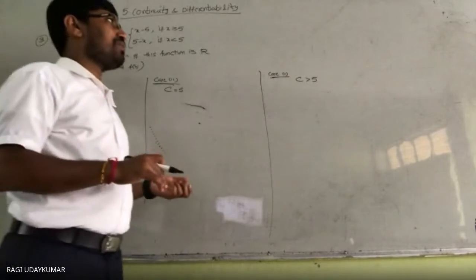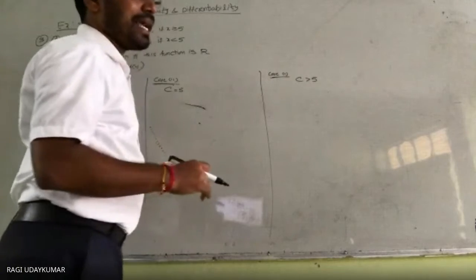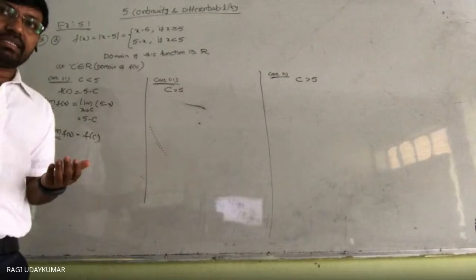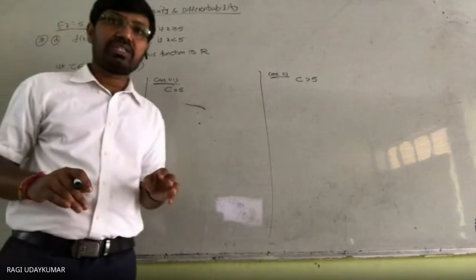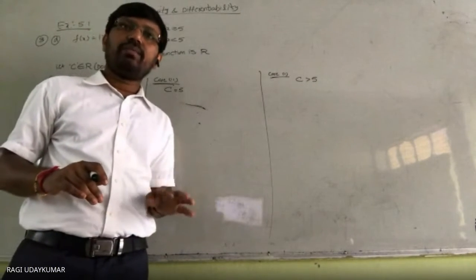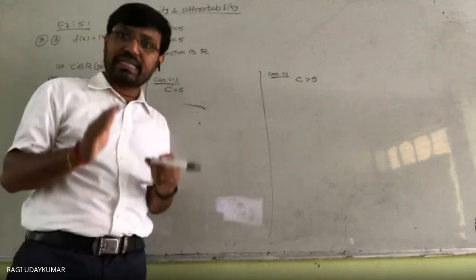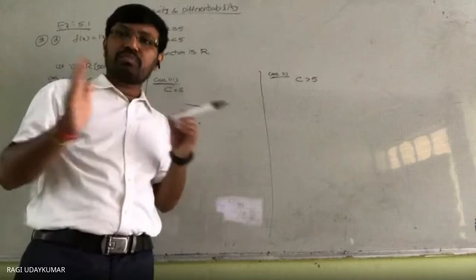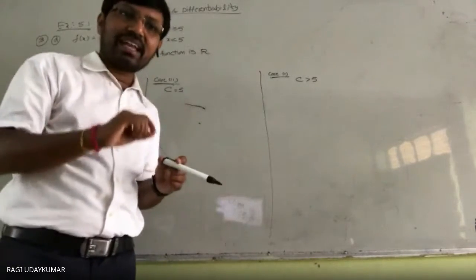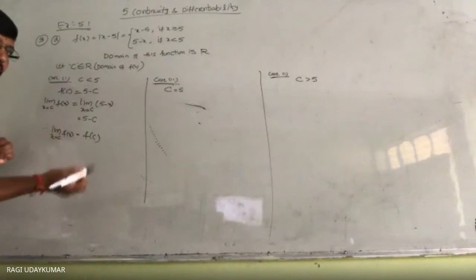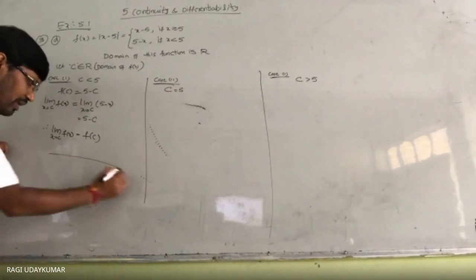C is equal to 5 means we cannot directly find the limit here. Whenever c is equal to 5, what to do in this situation? Left hand limit and right hand limit both we have to find. Where the function is splitting, at that point the left hand limit and right hand limit will be different. Why? Because what is the meaning of left hand limit and right hand limit here?